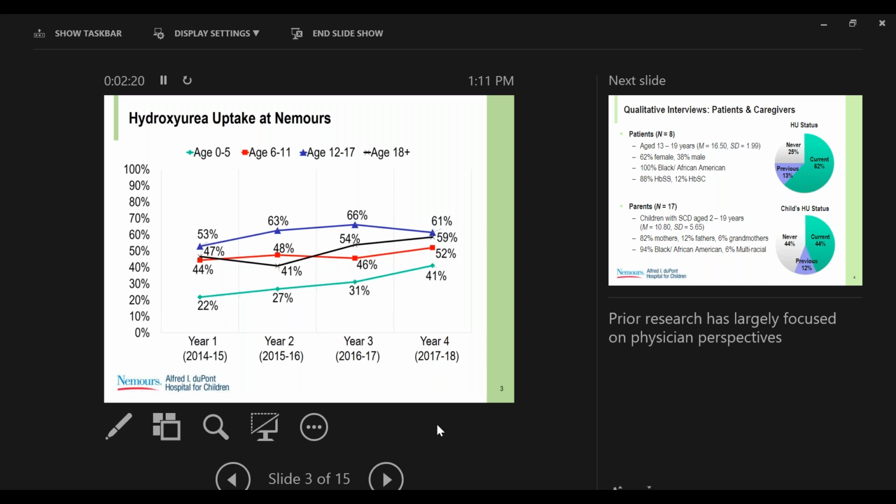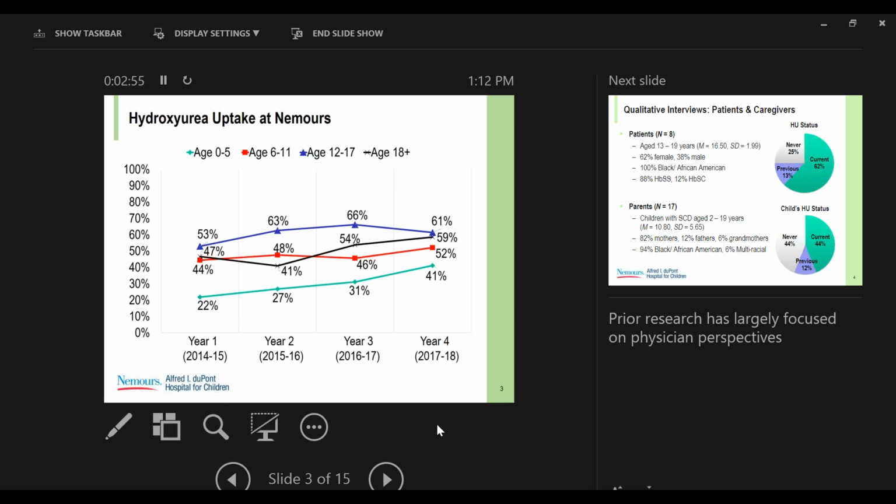So NHLBI, given additional data that was accumulated, it used to be that only kids with clinically severe disease were offered hydroxyurea, but they switched their position in 2014 and said really all kids with sickle cell disease who have the more clinically severe genotypes, even if they haven't presented with disease manifestations yet, should be offered hydroxyurea as young as 9 months of age. And so that was a pretty significant guideline change in 2014. So that's why we selected that as our start date.